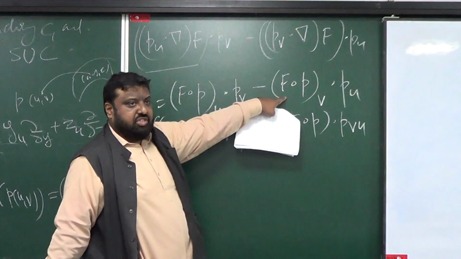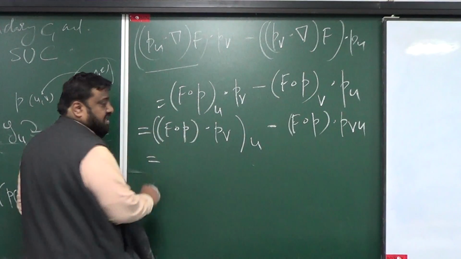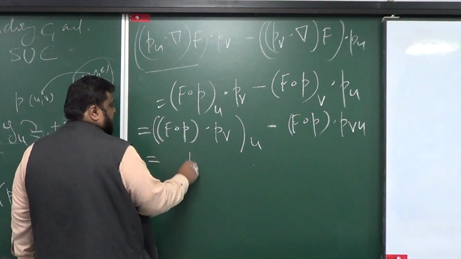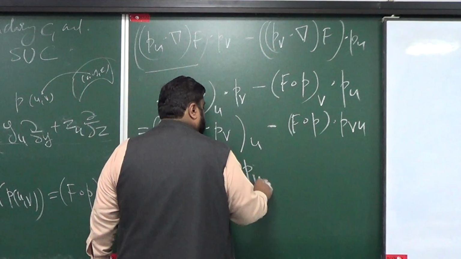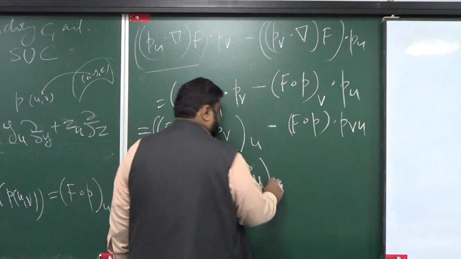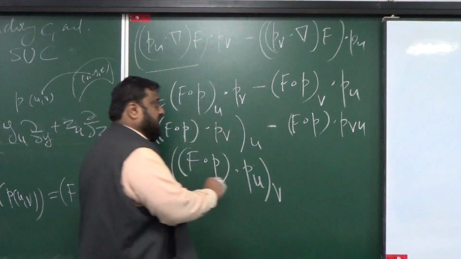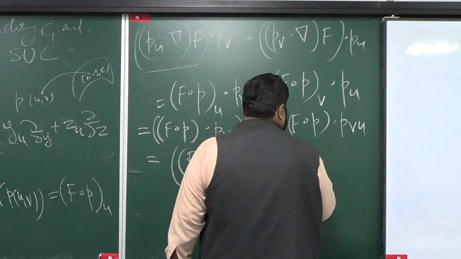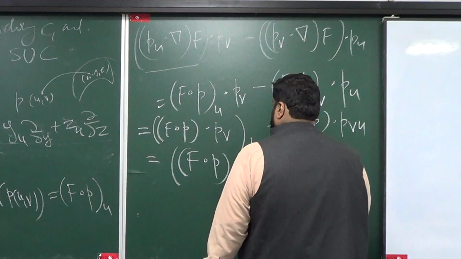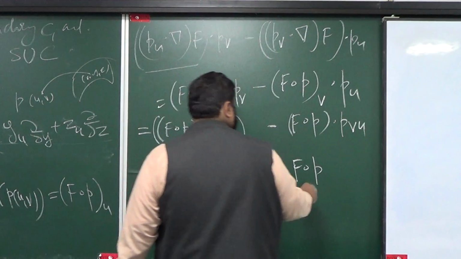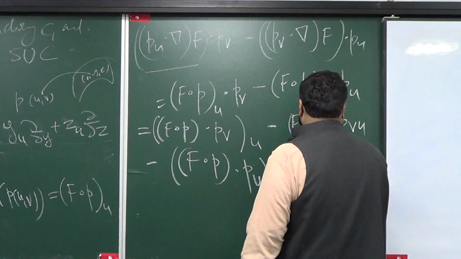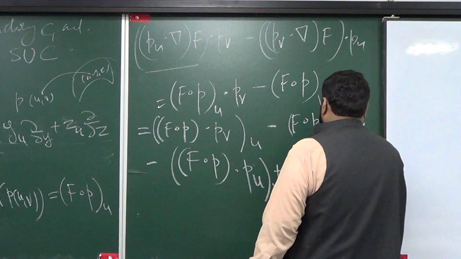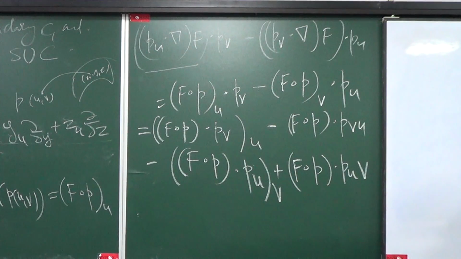And what would this be? Similarly, it is equal to F composition P dotted with PU differentiated with respect to V, minus, the plus basically, F composition P dotted with PUV. Are we happy with it?